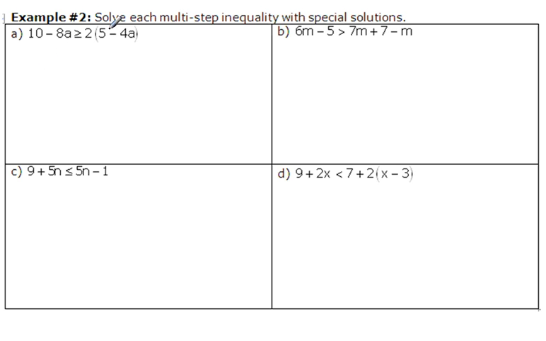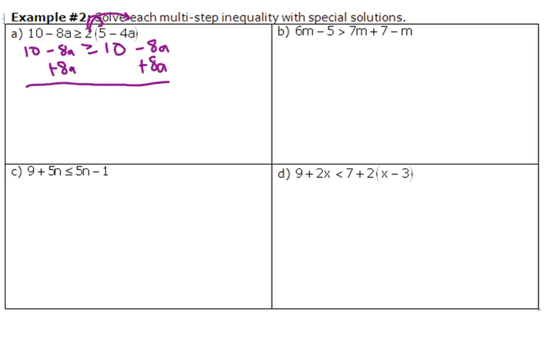So this one I'm going to solve just like I would any other inequality or equation. I'm going to distribute the 2. So I have 10 minus 8a is greater than or equal to 10 minus 8a. Now from here I can't combine any like terms, but I do have variables on both sides. So I'm going to move my variable to one side. This minus 8a, I'm going to add 8a.